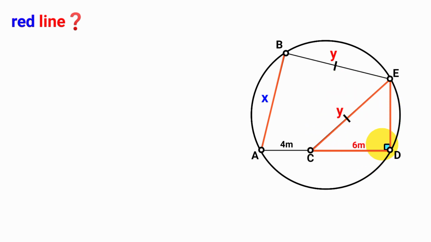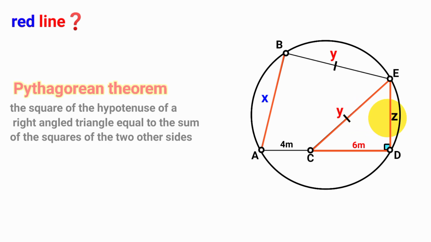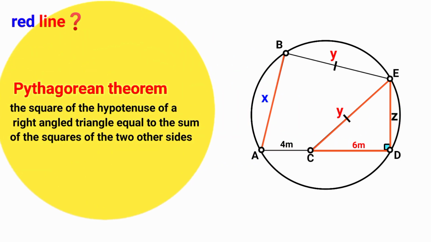Because of this right angle, it is a right angle triangle. We have the length of this side to be 6 meters and this is y. If we assume the length of this side to be z, we can use the Pythagorean theorem, which states that the square of the length of the hypotenuse of a right angle triangle is equal to the sum of the squares of the length of the two other sides.